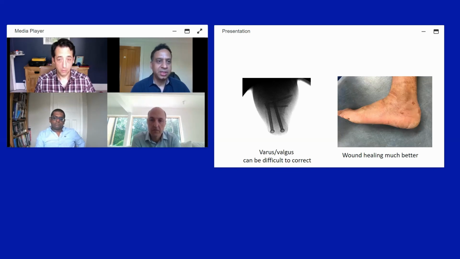You struggle, and I think it's important to get the axials absolutely spot on and notice where the alignment is, because it's important to get the articular surface as good as we can with percutaneous, and important to get the heel roughly in the right place. But on the right, as you can see, you've had 3 or 4 stab incisions to do an arthroscopic percutaneous fixation, and the wound healing, touch wood, in my hands, and I'm sure others will echo my thoughts as well, isn't an issue anymore from the calcaneal side.